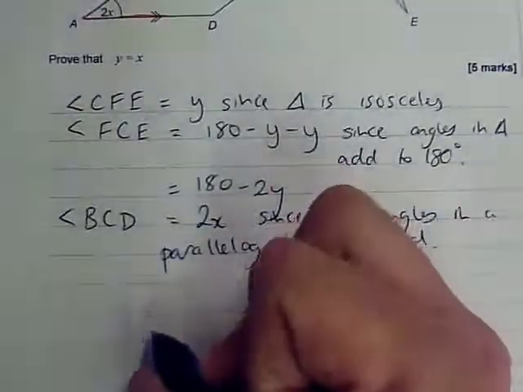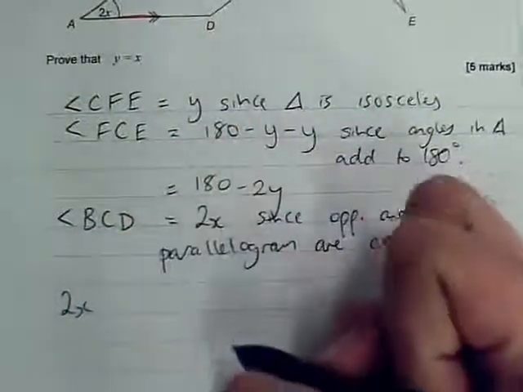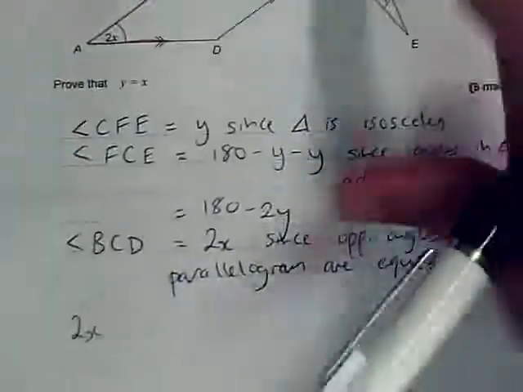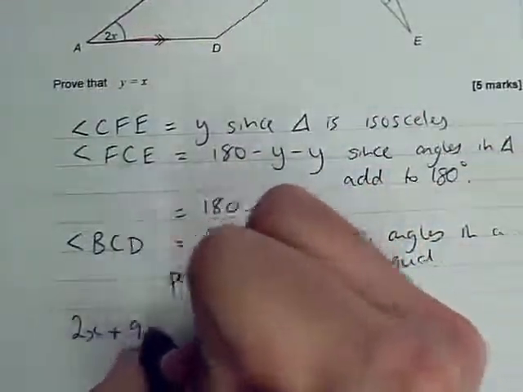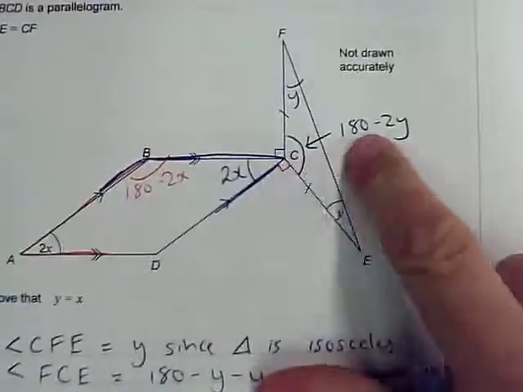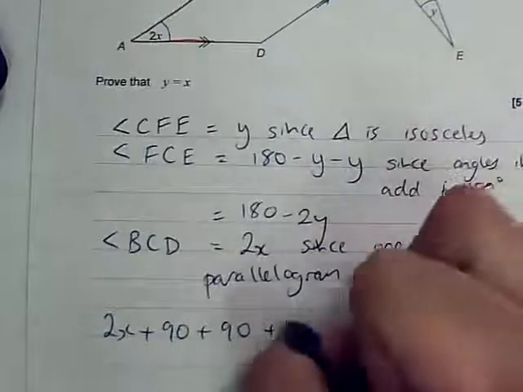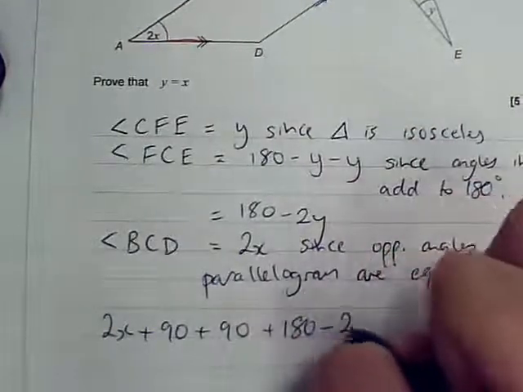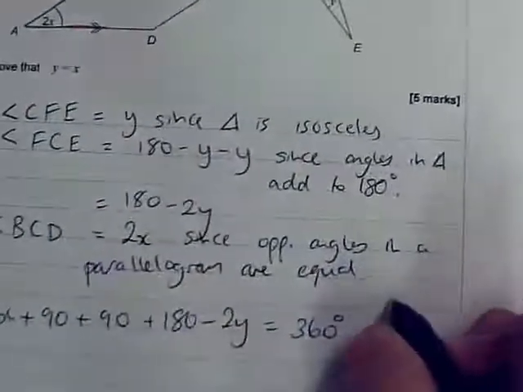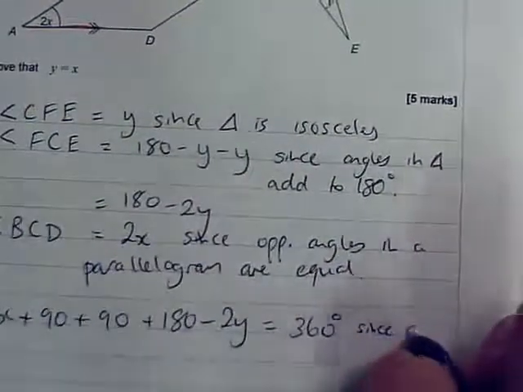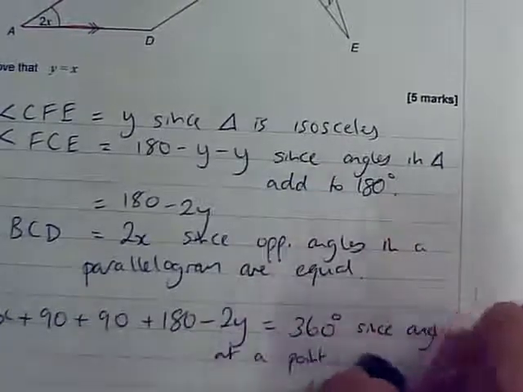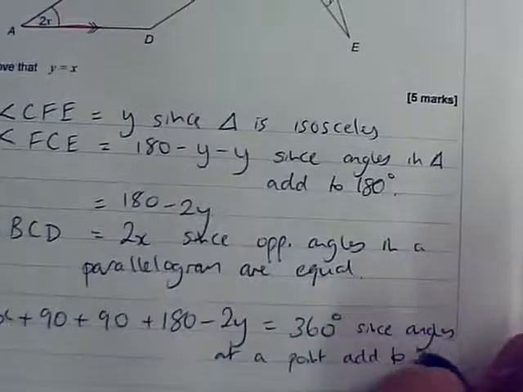So we can say that 2x, which is this angle, and 90 plus 90, add angle C, which is 180 minus 2y, has to equal 360, and again we should give a reason: angles at a point add to 360.